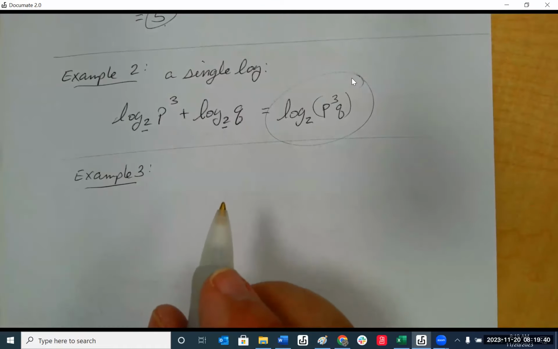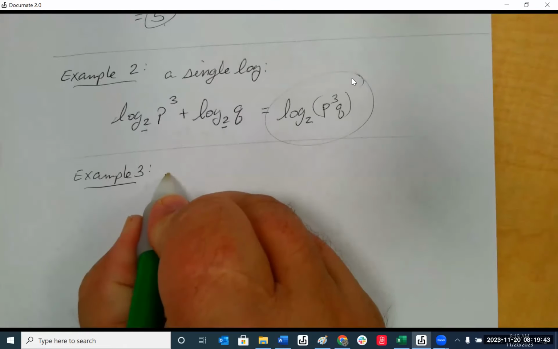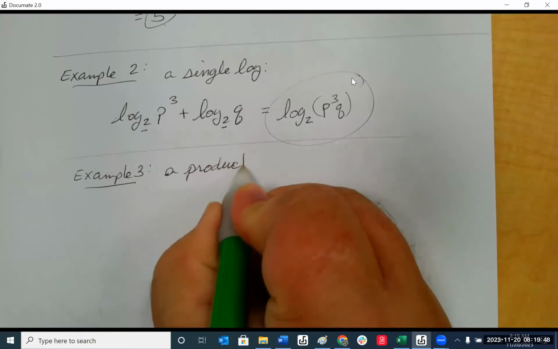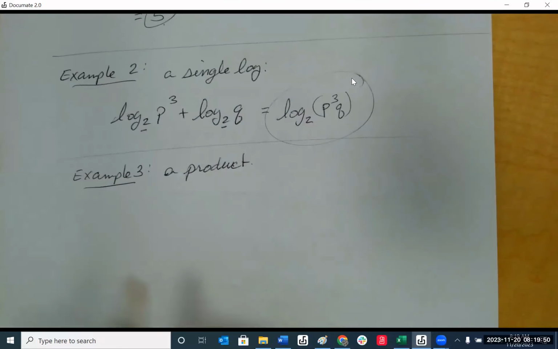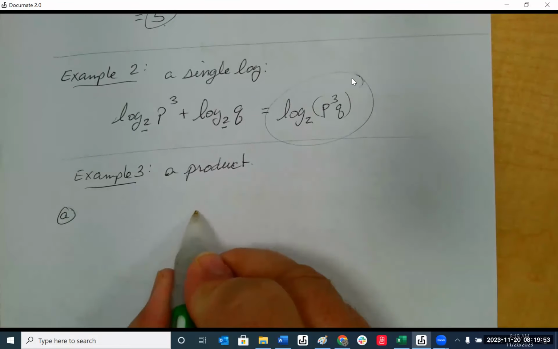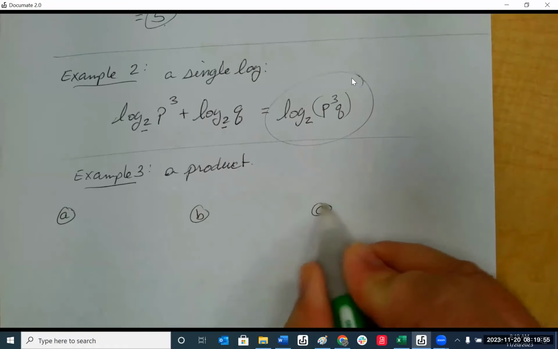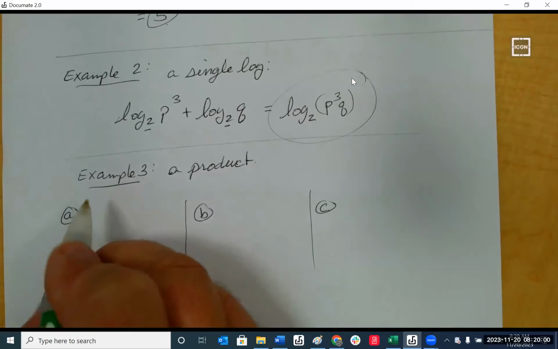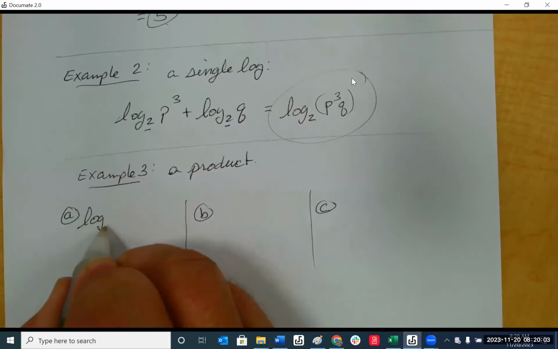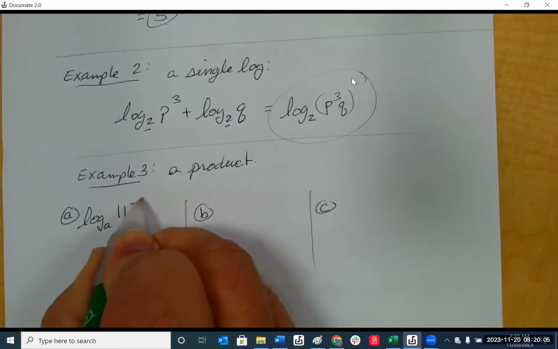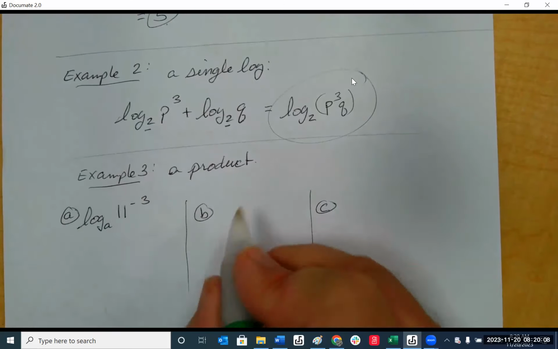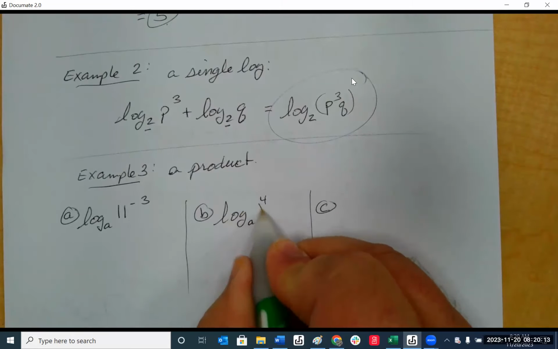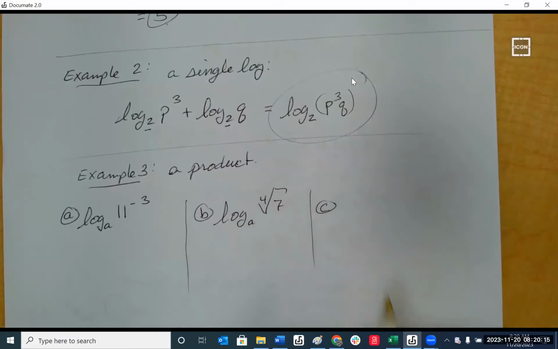Example 3. Express as a product. We have 3 of them. First one, log base a of 11 to the -3. Log base a of the 4th root of 7.